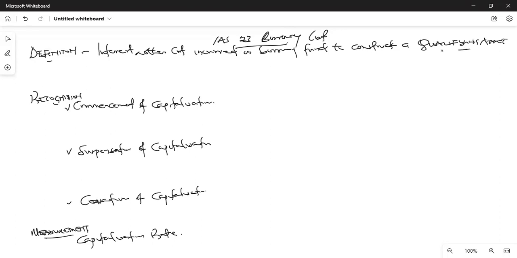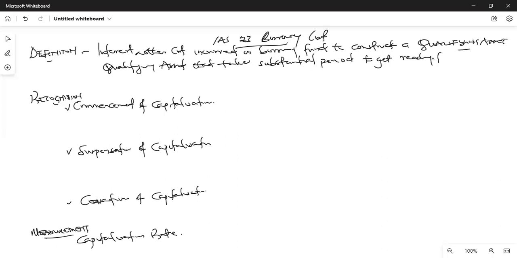A qualifying asset, according to the standard, is an asset that takes substantial time, or necessarily takes a substantial period, to get ready for its intended use or for sale.